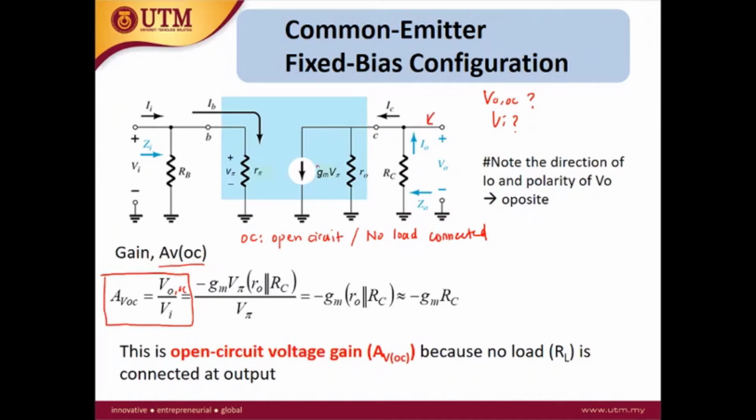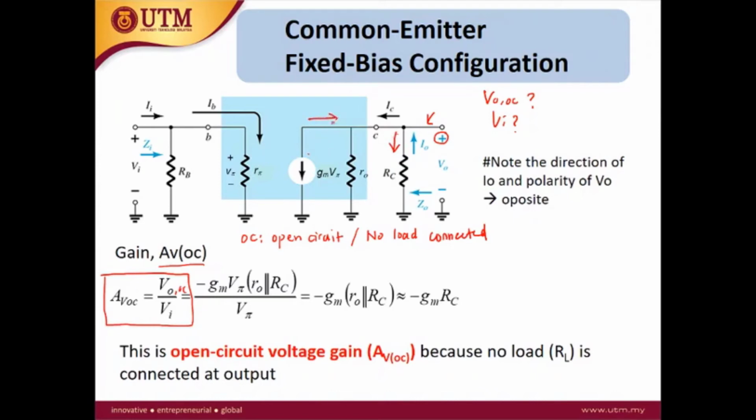Here, this is the current source facing downward. Because the polarity of V out is positive at the upper point, the current should be towards this direction, which we call the clockwise direction.